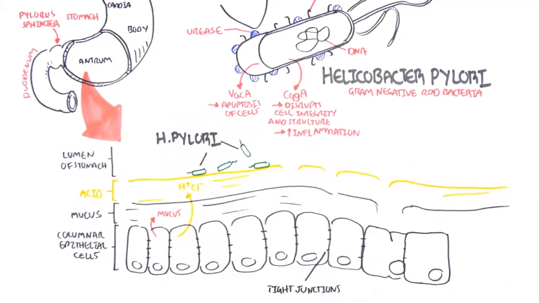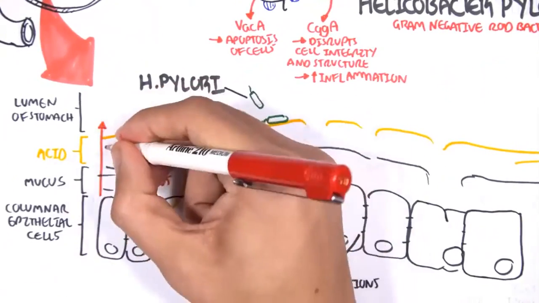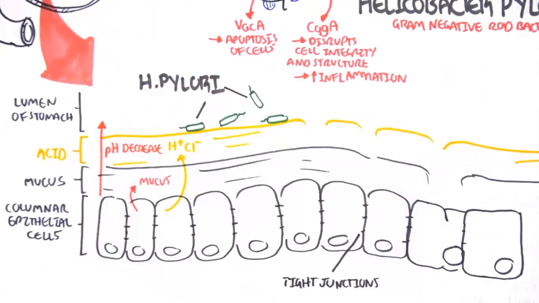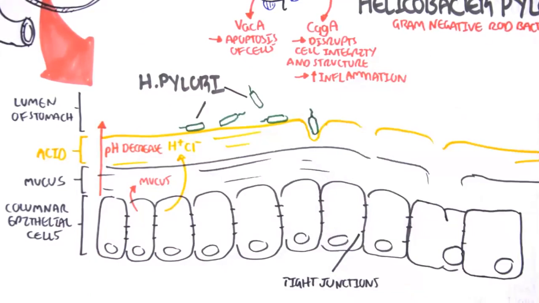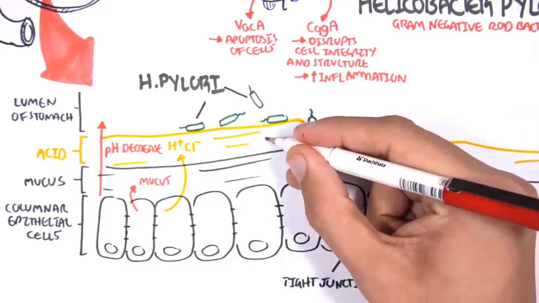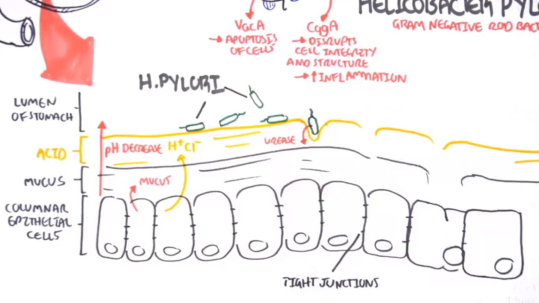Ammonia is basic in nature, and it provides a basic environment to the bacteria, which helps it stay viable in our stomach for a long period of time. This helps the bacteria move towards the muscle layer of our stomach, and for this the flagella, which help in motility, help the bacteria move into the muscle layer.